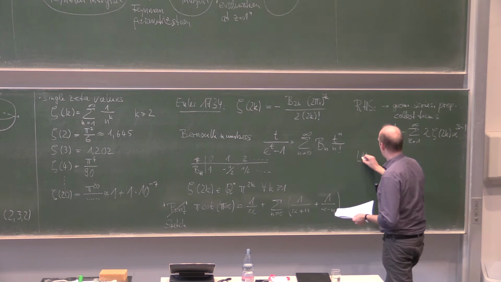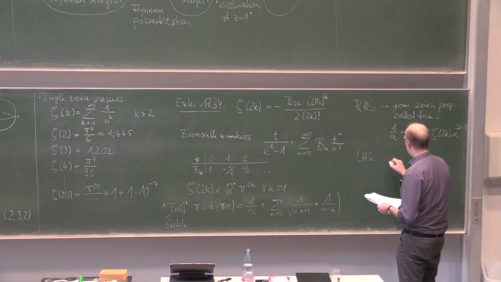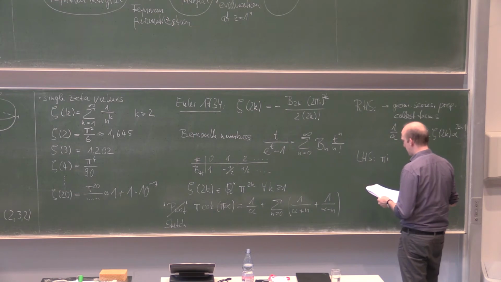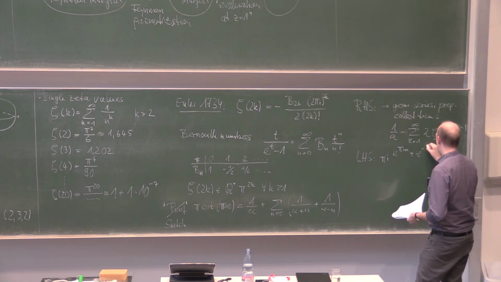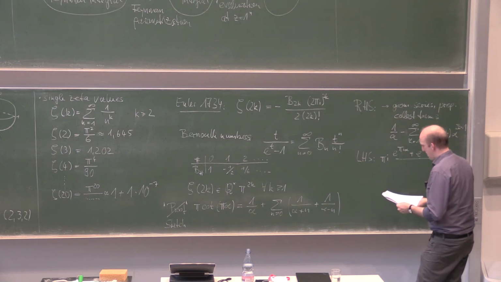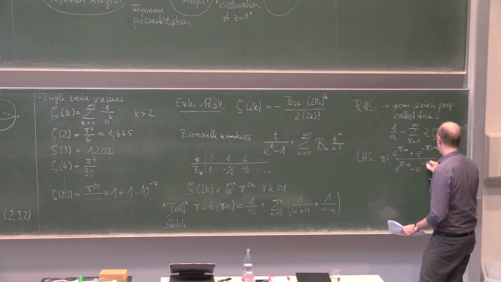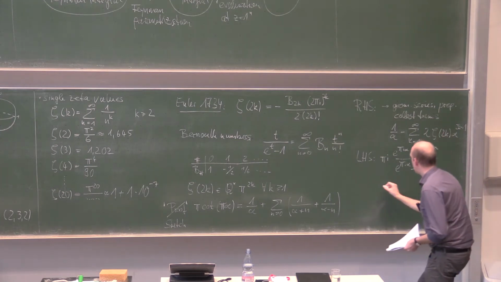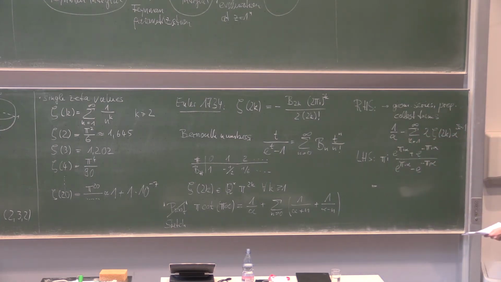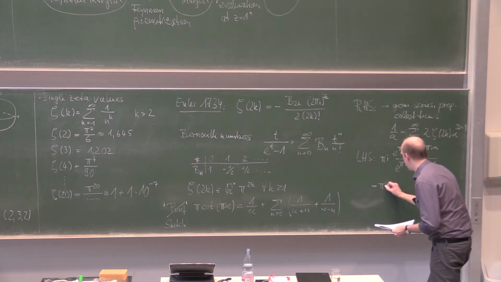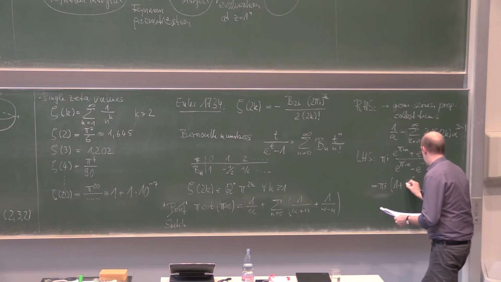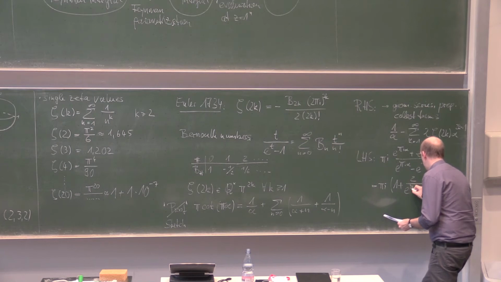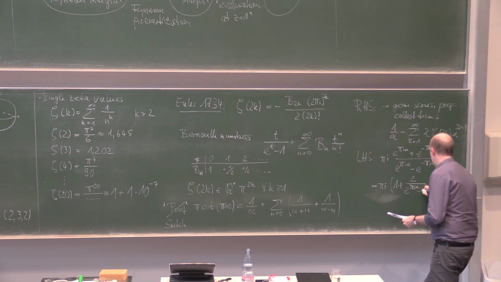And at the left-hand side, you write down the exponential representation for the cotangent. So this is e to the pi i alpha plus e to the minus pi i alpha over e to the pi i alpha minus e to the minus pi i alpha. And this can be, by just taking an exponential out, rewritten as pi times i times 1 plus 2 over e to the 2 pi i alpha minus 1.